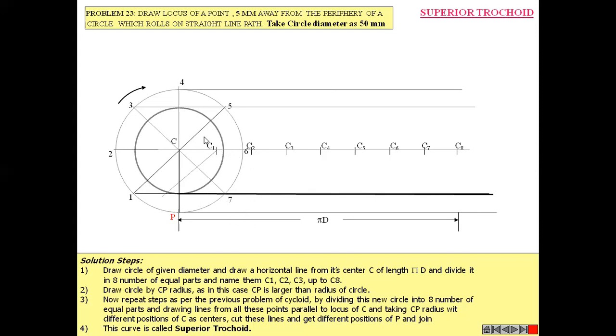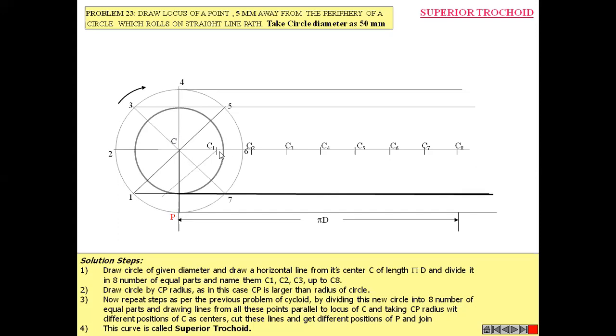Then set the compass equal to the distance CP, because whenever the center is C, the position of the moving point P is available here, so set your compass equal to the distance CP.